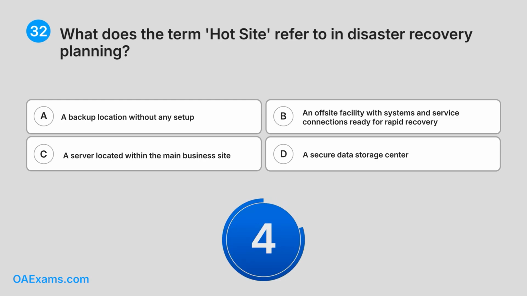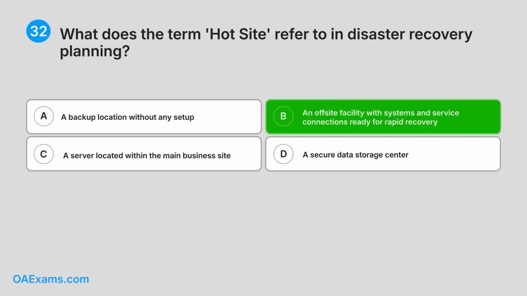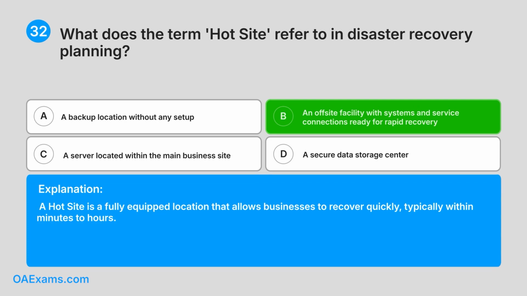What do you think is the answer? Correct answer: B. An off-site facility with systems and service connections ready for rapid recovery. Explanation: A hot site is a fully equipped location that allows businesses to recover quickly, typically within minutes to hours.